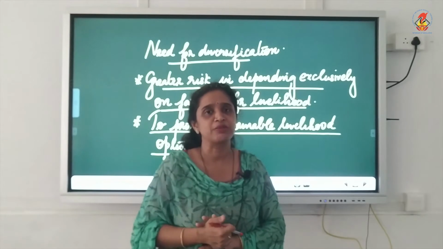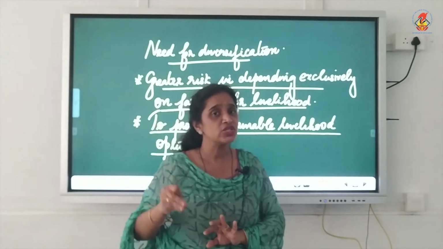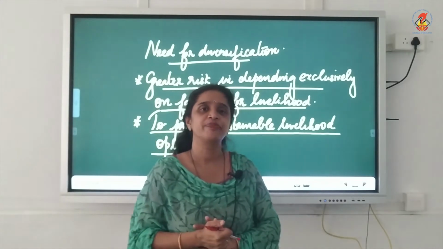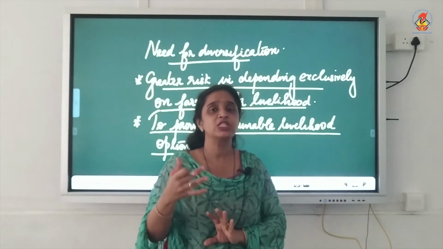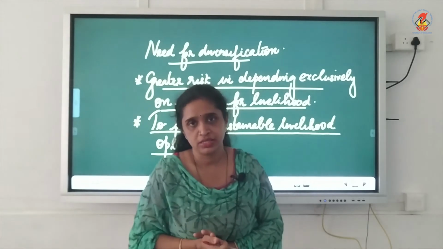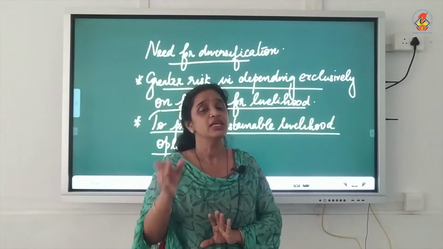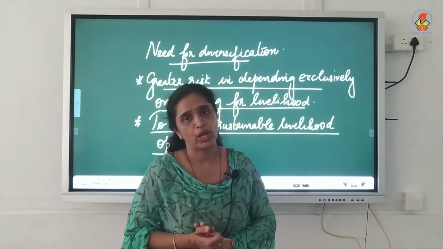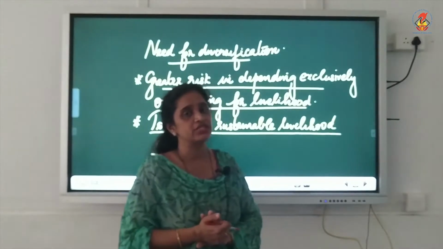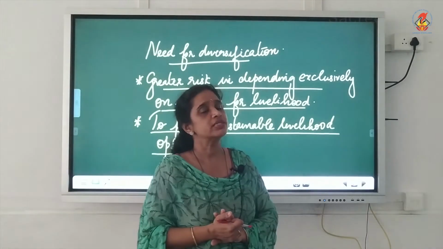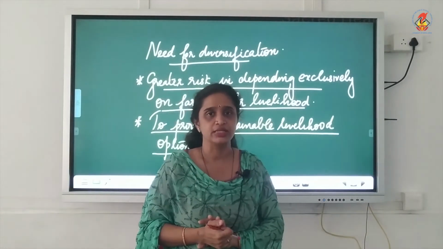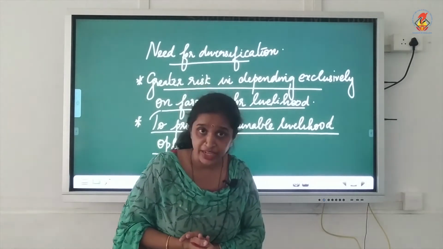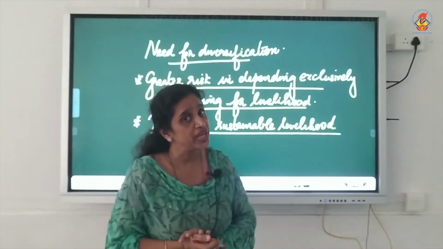The stocks will get piled up and the prices of that particular crop have to come down. So, in that case, the farmers will not be getting a fair price. So, in that case, diversification of agricultural activities is very much required. So, the need for diversification is to avoid the risk involved in farm activities in agriculture, and the second one is to provide sustainable livelihood options to the farmers.